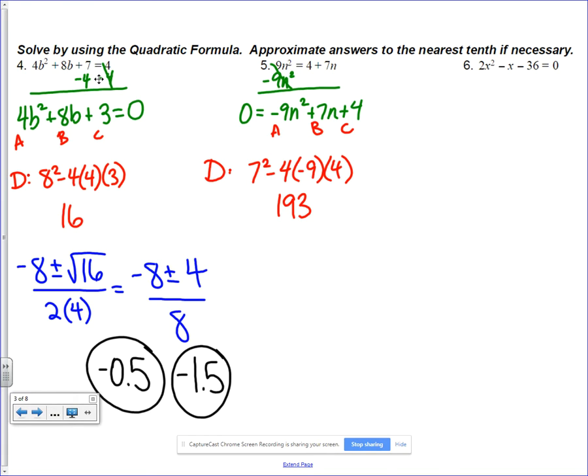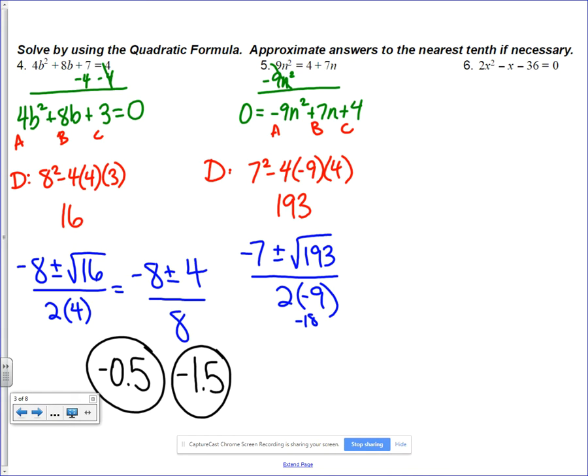Okay, so now let's plug it into the rest of the formula. What is the b right now? But you're going to make it plus or minus the square root of, all over 2 times. Okay, is 193 a perfect square? No. What do you get down here for your denominator? This is actually going to be a -18.